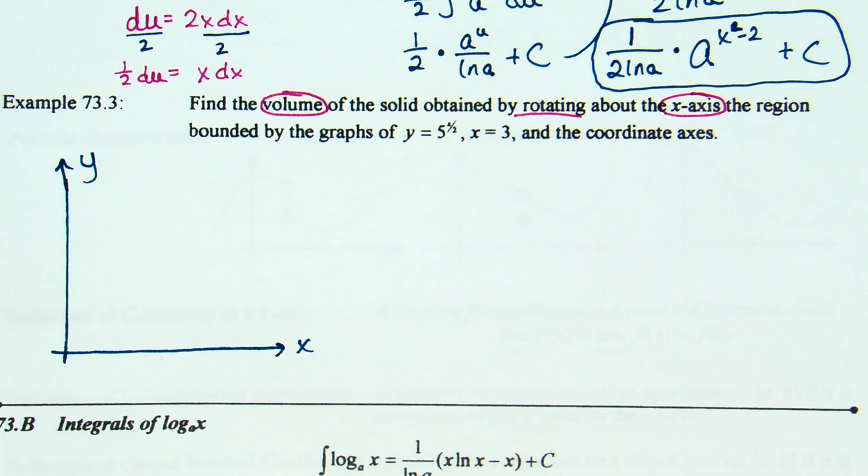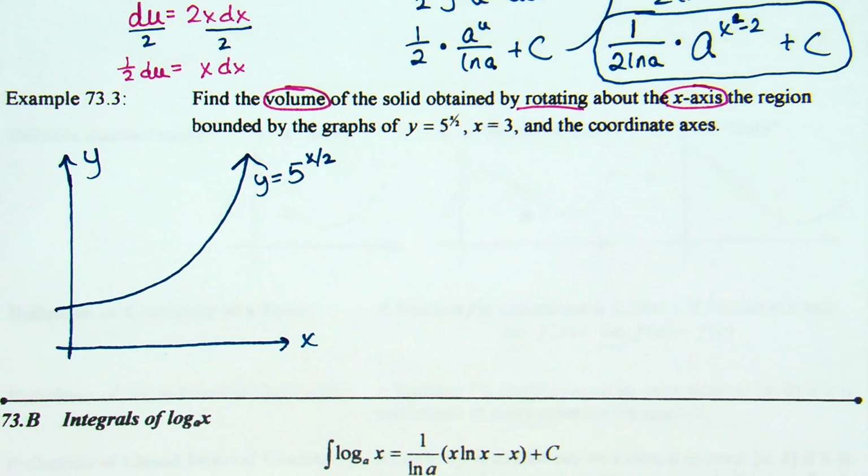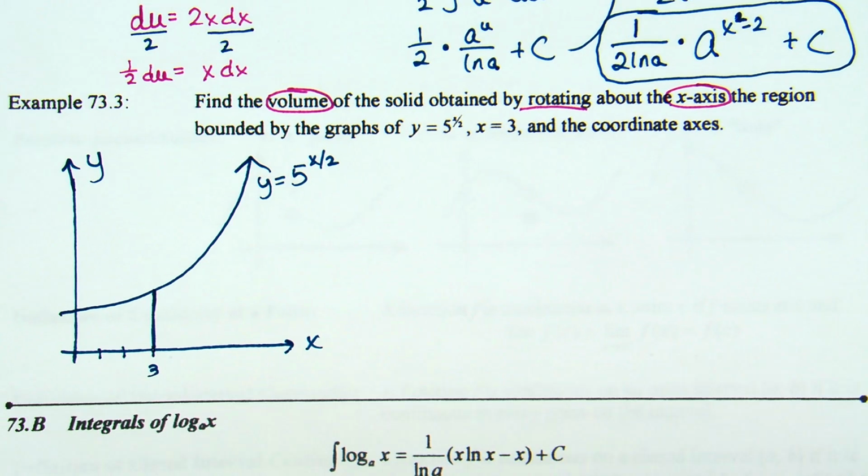Okay, what about x equals 3? There's our nice vertical line. So we're finding the volume of the solid bounded by those two and the x-axis, so it's honestly not too different from a rectangle.